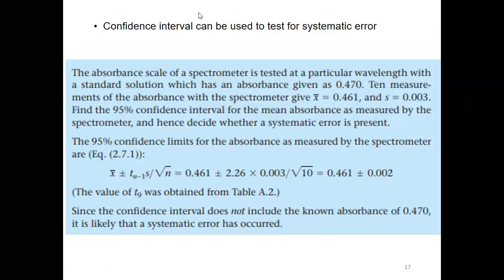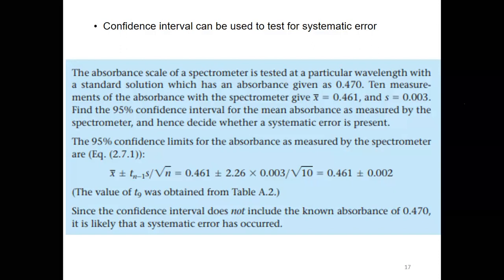We cannot strictly say that this is due to systematic error, no, we can't say that. We can say it is likely, there's a high probability, that a systematic error has occurred. So that is how we can use confidence interval values to test whether there's a systematic error, right?